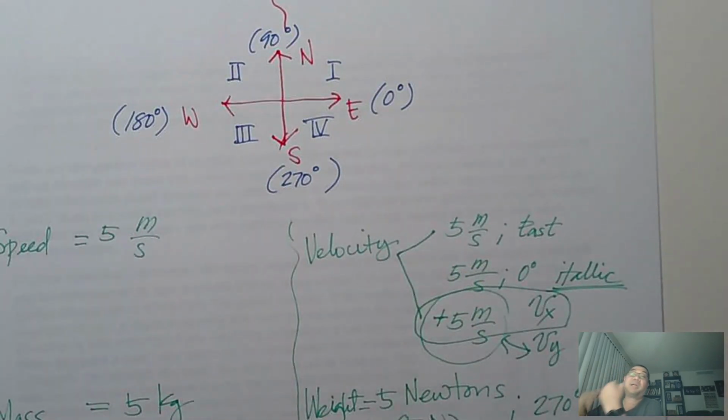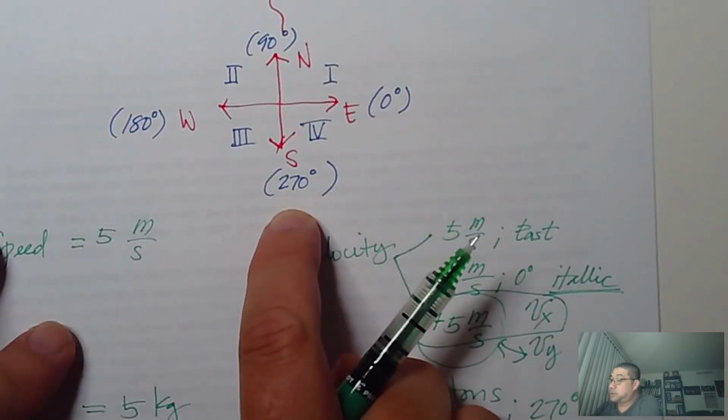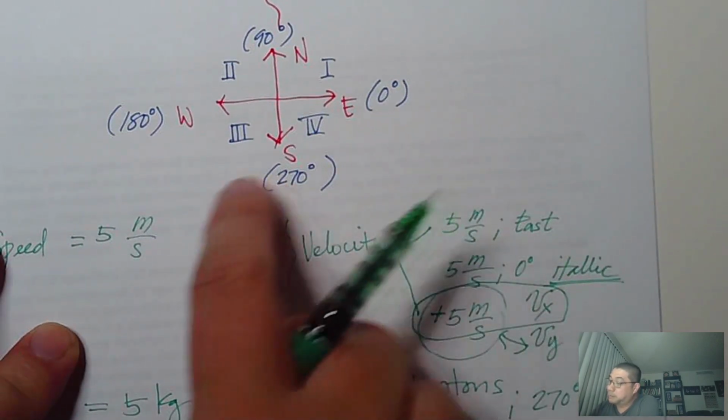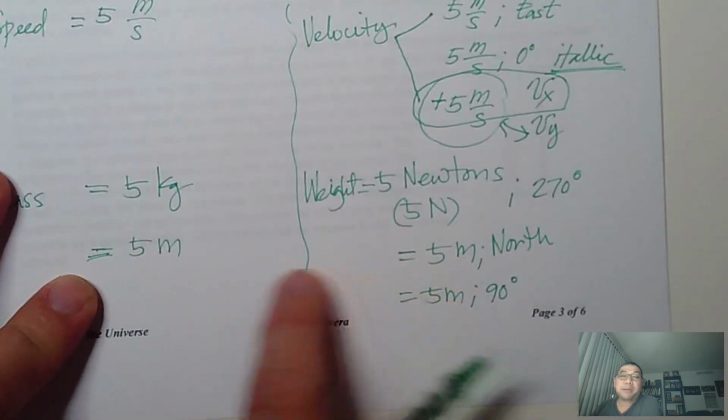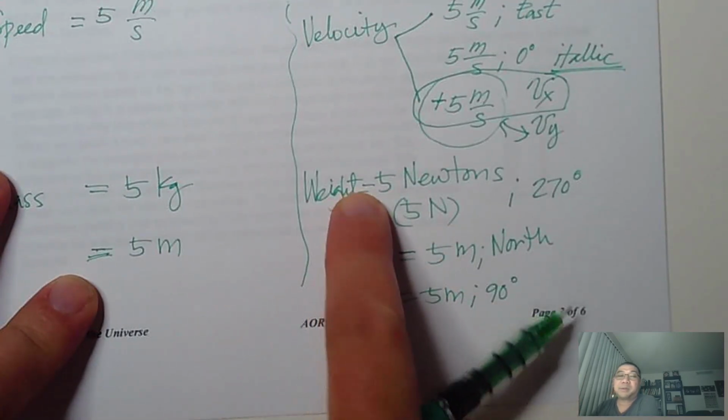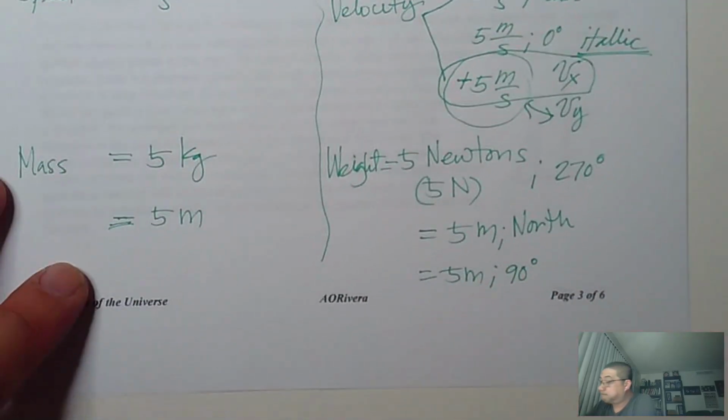Later on, as we go on with our study in physics, you'll know that the cosine of 270 degrees is 0, but the sine is -1. So if we figure out the direction, this will give us a negative direction, so it means it's going downward.